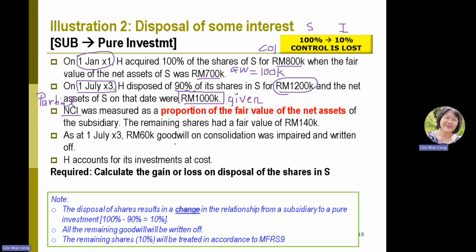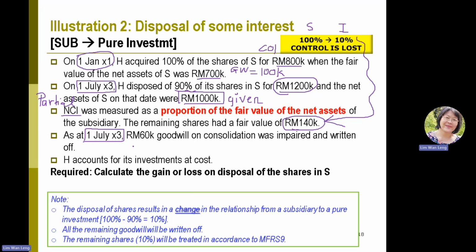Partial goodwill. So the shares that remain had a fair value of 140,000. So this is the fair value of the investment retained. Then as at 1st July X3, the date that you dispose of the 90% interest in the investee, 60,000 goodwill on consolidation was impaired and written off.